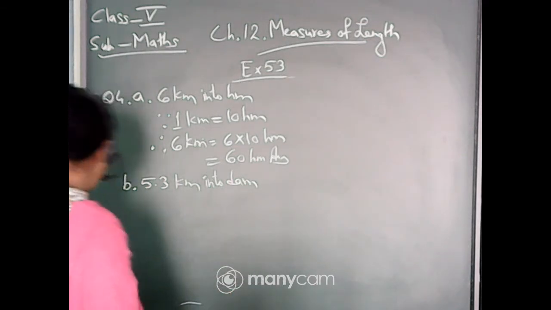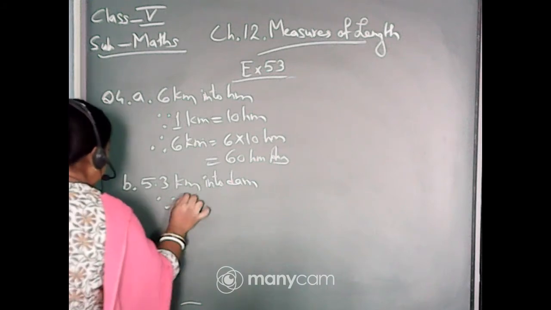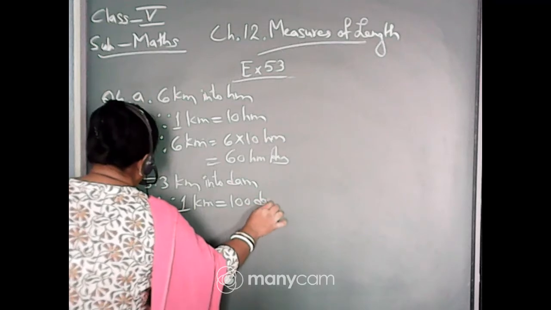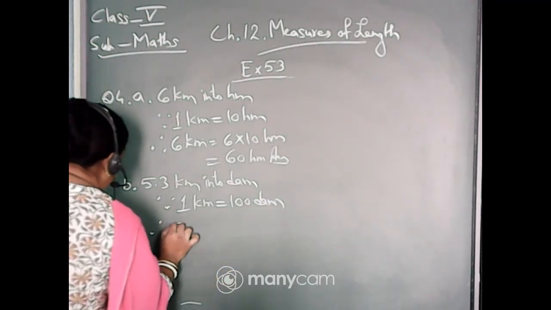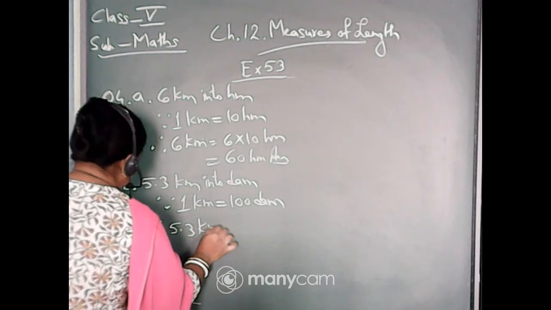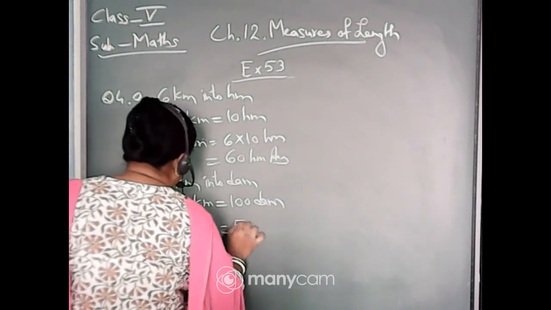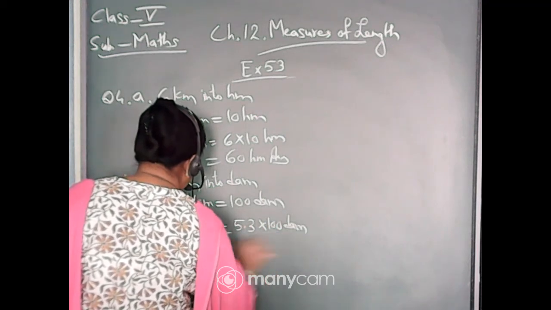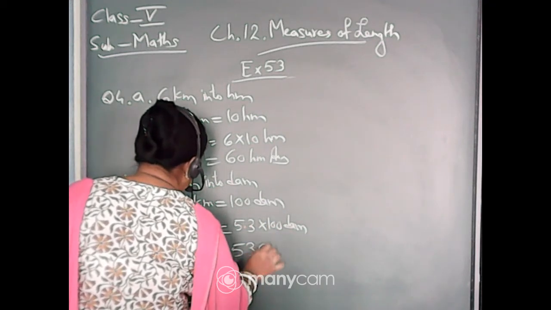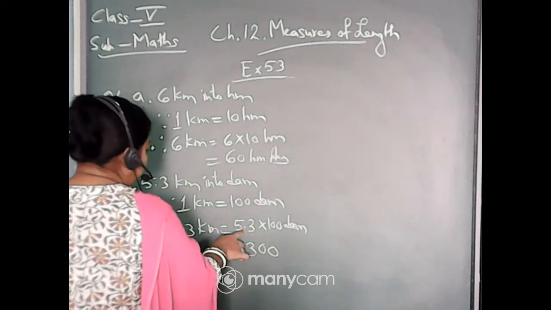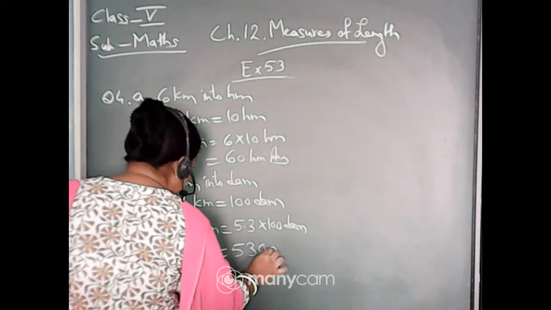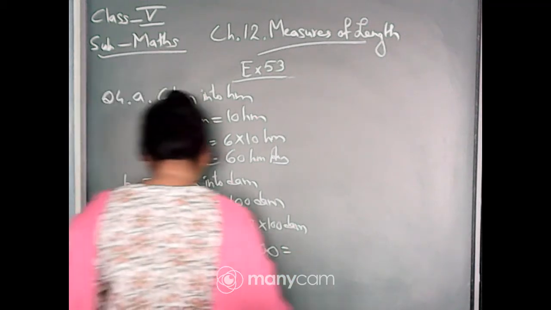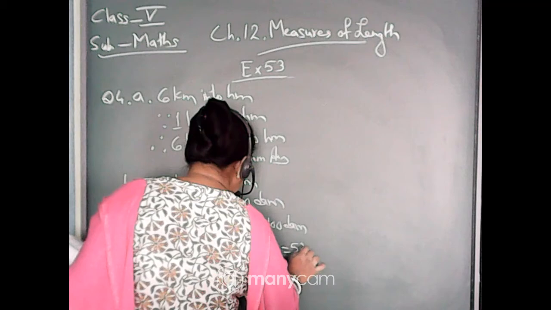So you will write here that since 1 kilometer is equals to 100 decameter, therefore 5.3 kilometer is equals to 5.3 into 100 decameter. That means 5, 3 and 2 zeros. Since after one digit there is the dot, after 1 zero I will give 1 dot. That means 530 decameter is the answer.